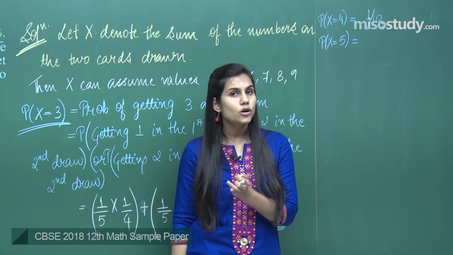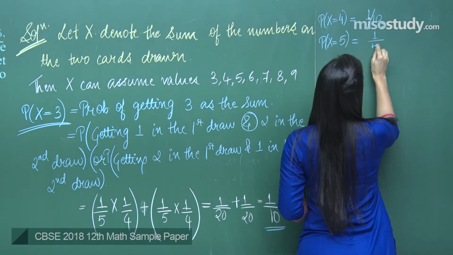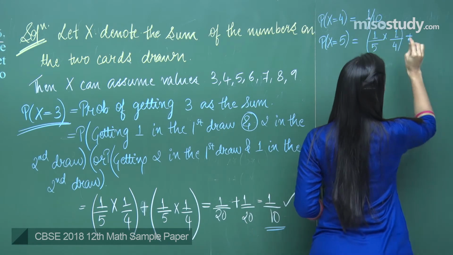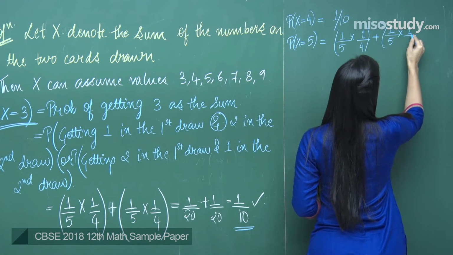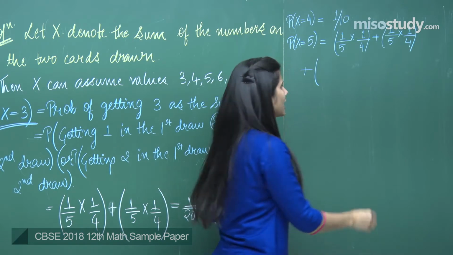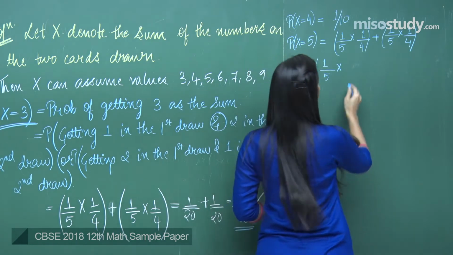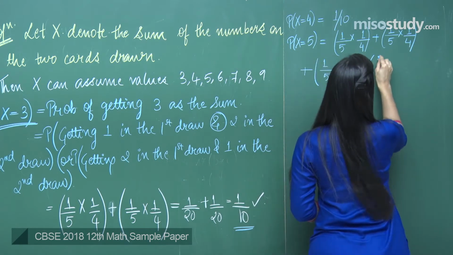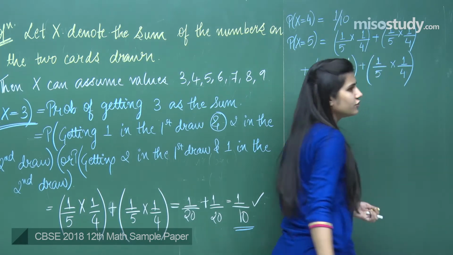So if 2 comes out in the first draw, 3 comes out in the second draw, 3 comes out in the first draw, and 2 comes out in the second draw, plus 1 comes out in the first draw, 4 comes out in the second draw, plus 4 comes out in the first draw, and 1 comes out in the second draw.